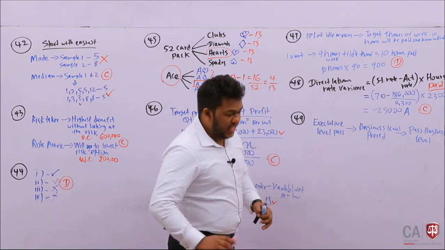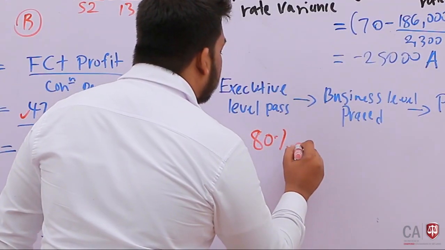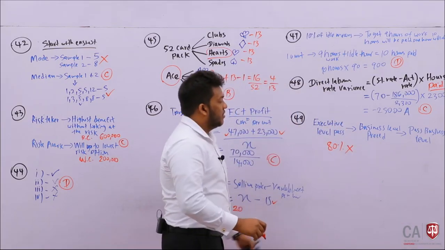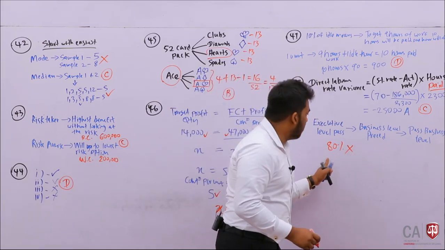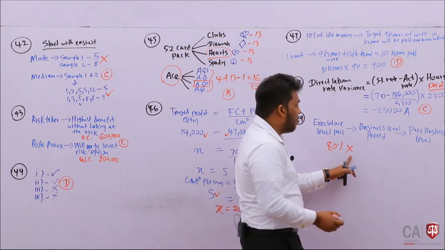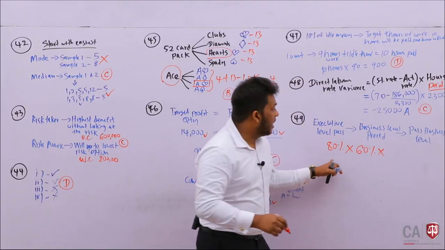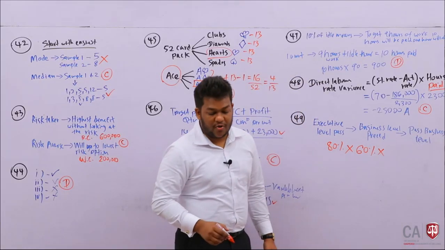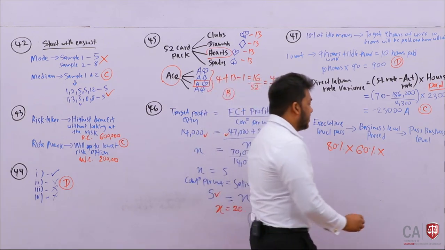So the executive level pass probability is 80%. If you want to go for this, you have to get the multiplication. 80%, then proceed to business level will be how much? That is 60%. Again, pass in the business level is how much? Pass in the business level is 70%.